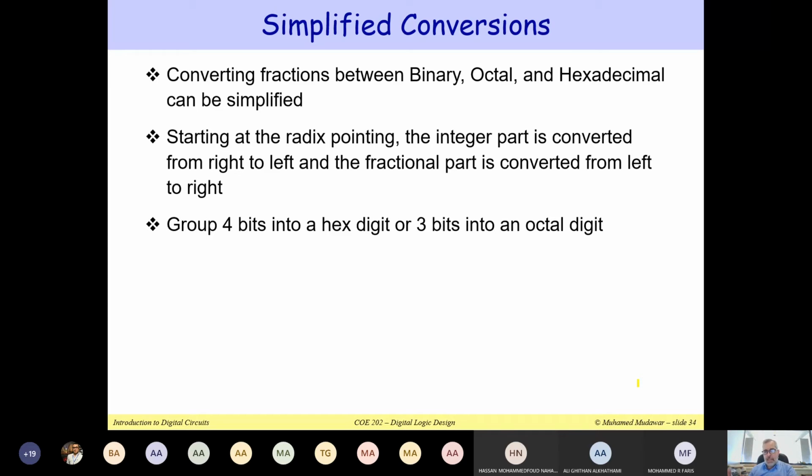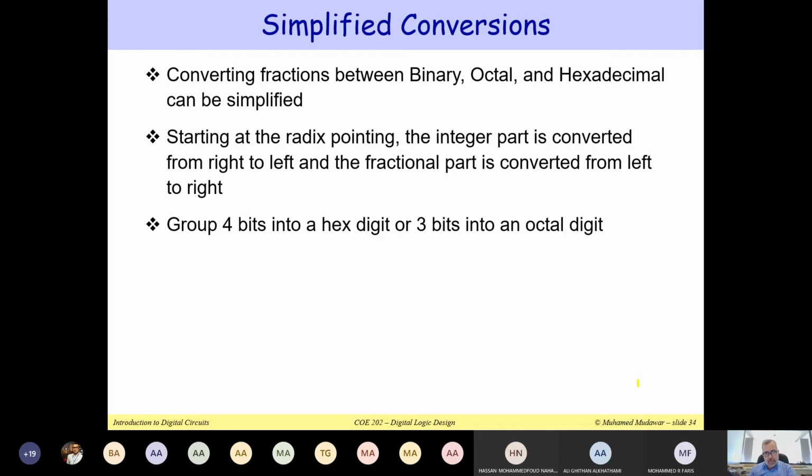Octal is radix 8, and 8 is 2 to the power 3, so I can take a group of 3 bits in binary and convert it to octal. Hexadecimal is radix 16, and 16 is 2 to the power 4, so I take a group of 4 bits and convert it to hexadecimal. The conversion procedure can be simplified.